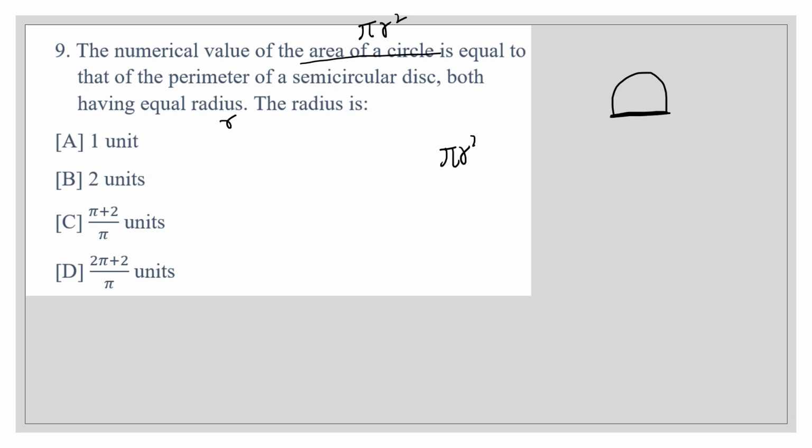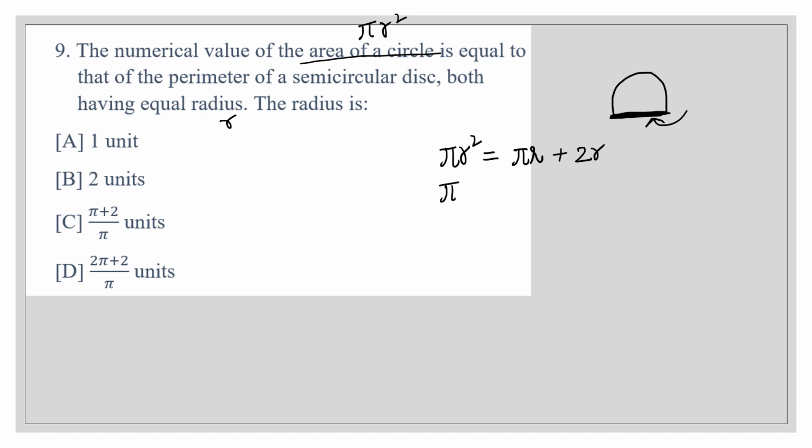So pi r square is equal to, what is the perimeter of a semicircle? Pi r, and this part of the disk, which is 2r. It is a diameter, so I am writing in terms of r. 2r. Do not ignore this 2r.